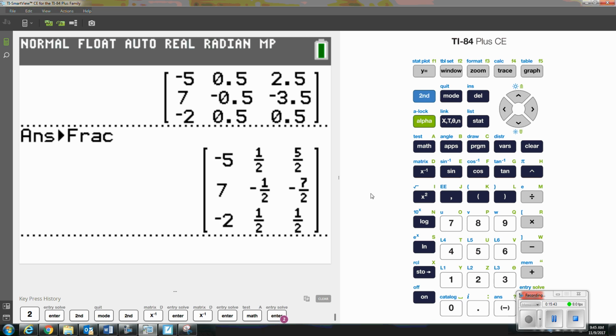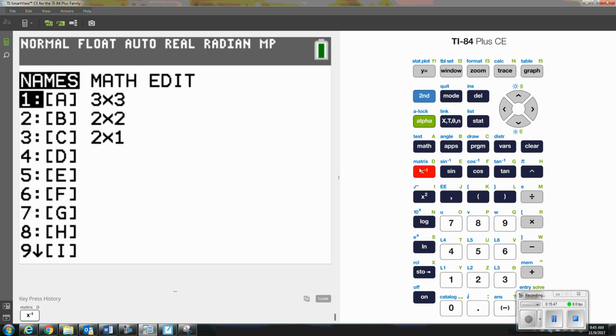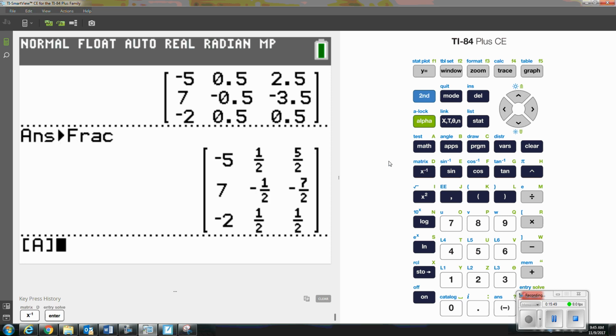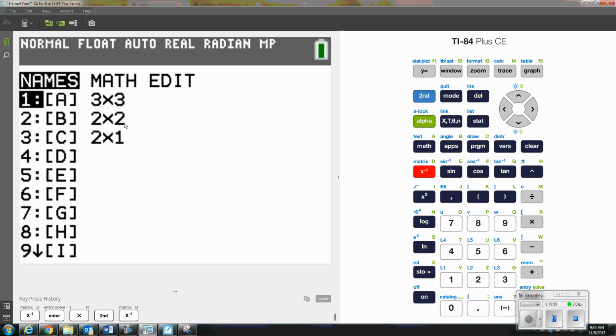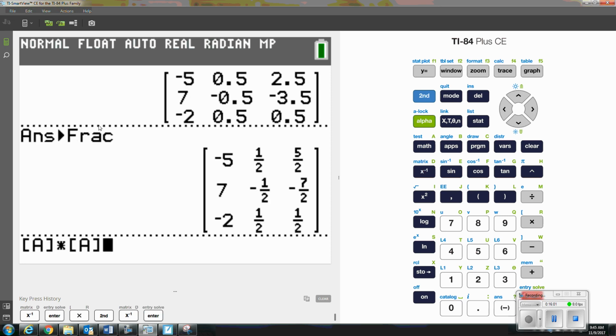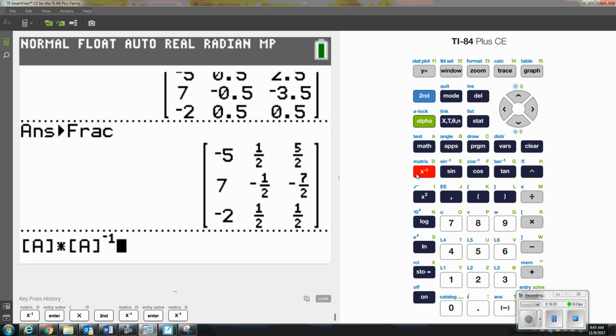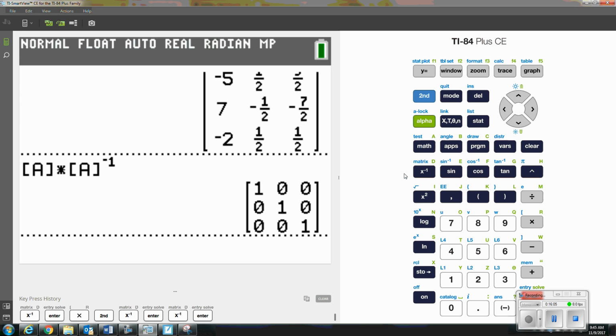So again, if we multiply A times the inverse of A, we should get the identity matrix.